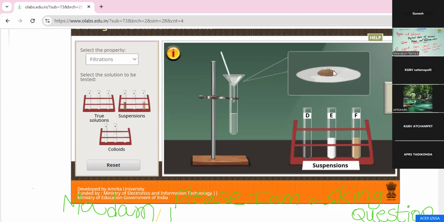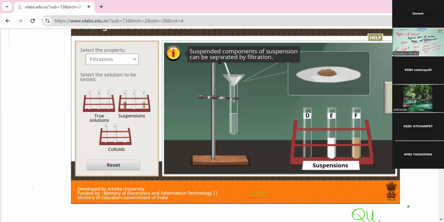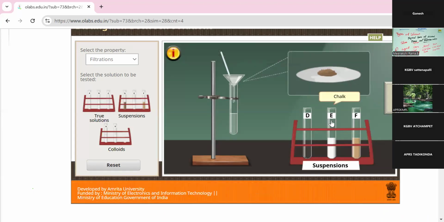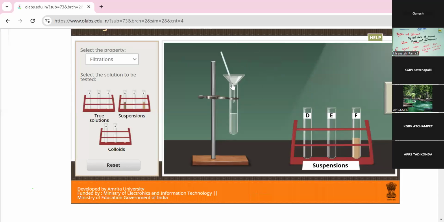Yes, the solid particles are filtered above that filter paper. Only the liquid comes out of the funnel. The solid particles are filtered. So, this is the suspension. Suspended components of the suspension can be separated by filtration.